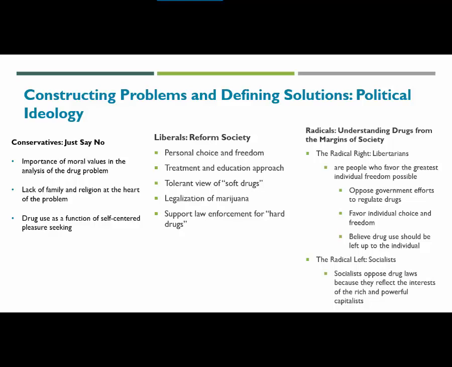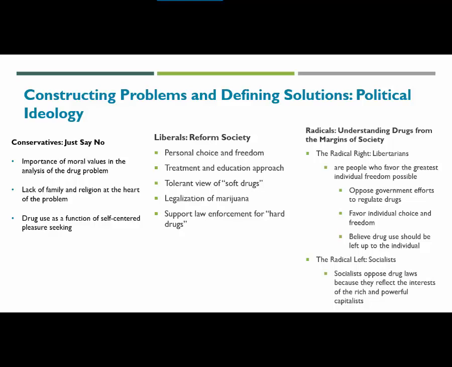Conservatives. This is best captured by that Reagan era slogan of "just say no." Drugs are seen through a morality lens, and so being addicted to drugs, using drugs, is seen as a moral failure.